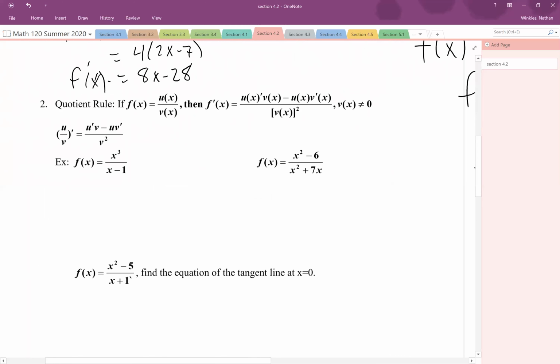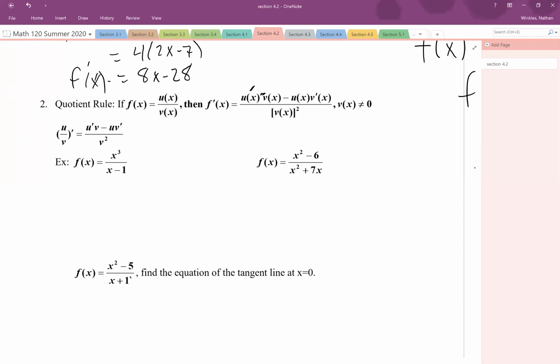The next thing we can talk about is our quotient rule. If f of x is equal to the rational function, or the division, of u of x divided by v of x, then we can take the derivative: f prime of x is equal to u prime of x times v of x minus u of x times v prime of x, all over v of x squared, as long as v of x does not equal 0.